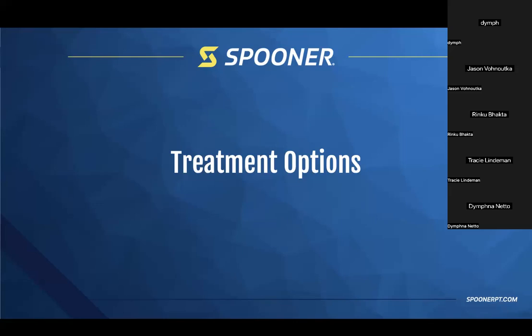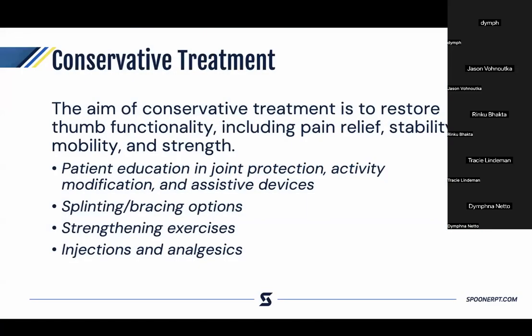Perfect. So as Dr. Netto just touched on, if you did not know before, we now know that arthritis is a progressive condition. So in therapy, the aim of conservative treatment is we want to restore as much thumb function as we can prior to surgery. This includes trying to relieve pain, increase the stability of that thumb, increase pain-free mobility, and increase strength as much as we can.